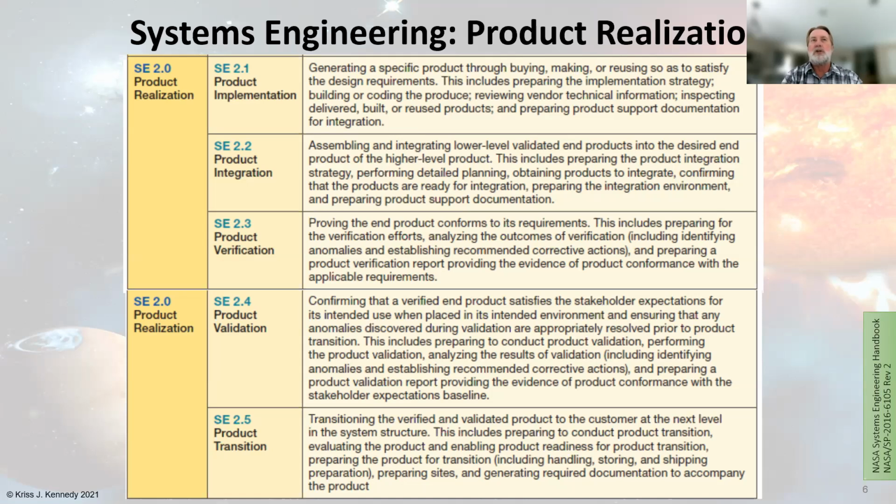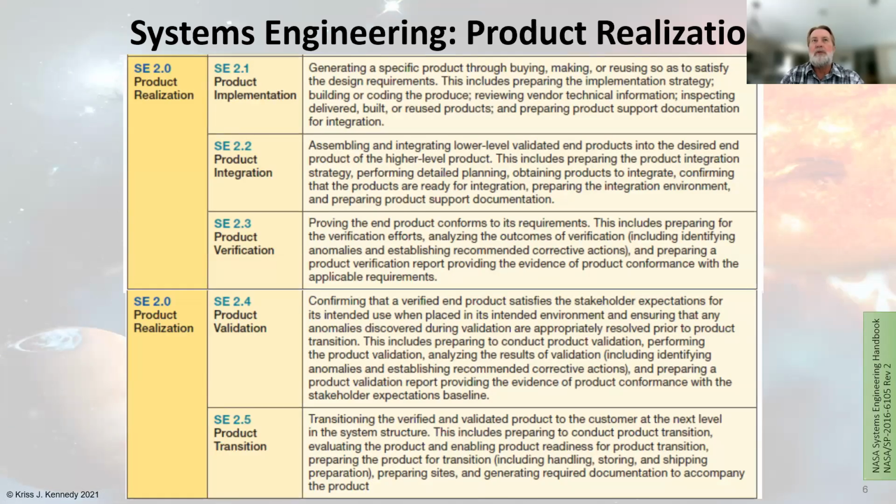That is not just on the product, but also the strategy, detailed planning, integrating across the products, integrating across elements and systems, and confirming that these products are ready for integration, and understanding the operations of the system in that environment.